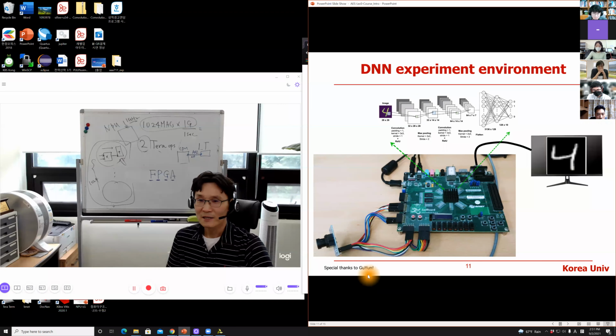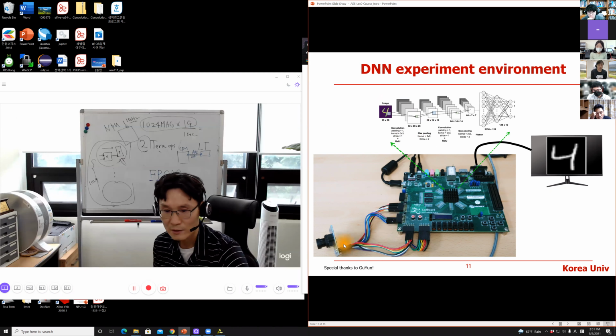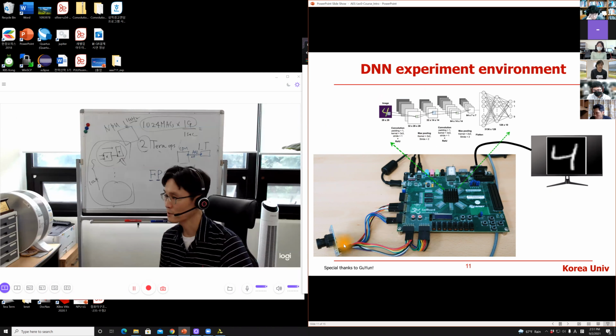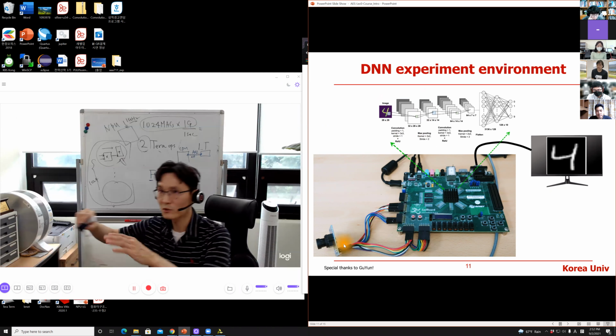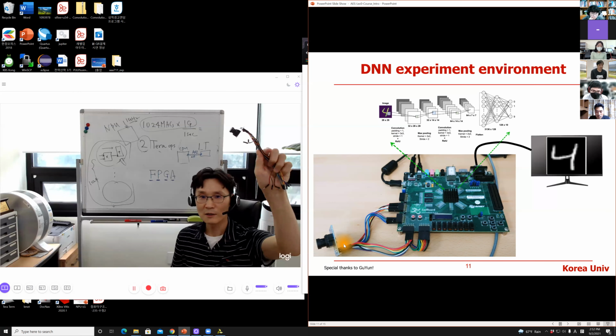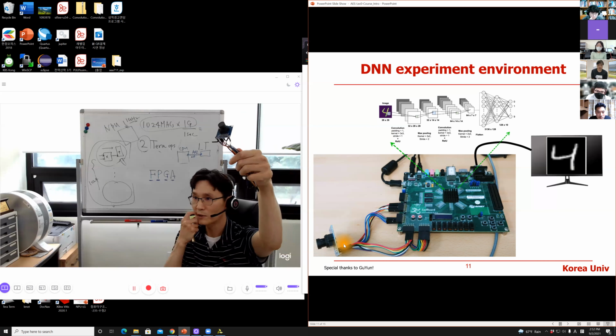This is a ZedBoard, the same board I showed you on the second page, the course introduction, with the Zynq 7000 device. And we are going to connect this small camera to the board.